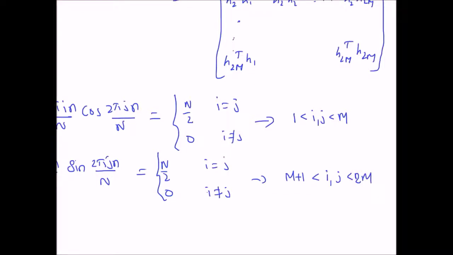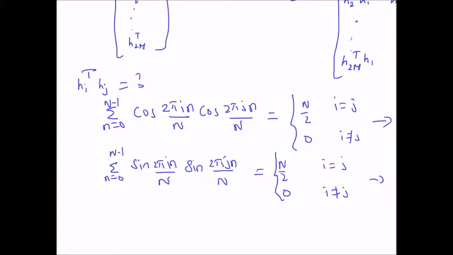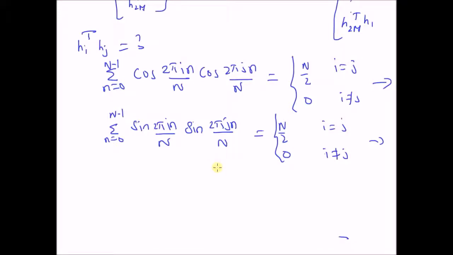So these values are valid for values of i and j between M plus 1 and 2M. And for the rest of the values, that is, values of i between 1 and M but j between M plus 1 and 2M, or the other way around, that is, when i is between M plus 1 and 2M and j is between 1 and M, we have the sum from n equal to 0 to N minus 1 of cosine of 2 pi i n over N sine of 2 pi j n over N, which is clearly equal to 0 for all values of i and j.